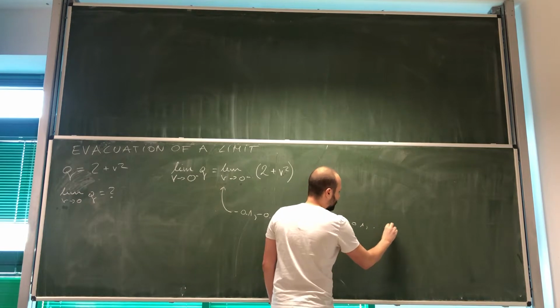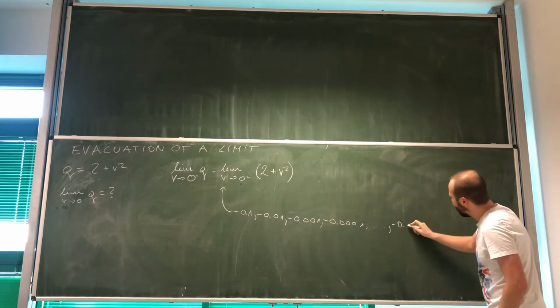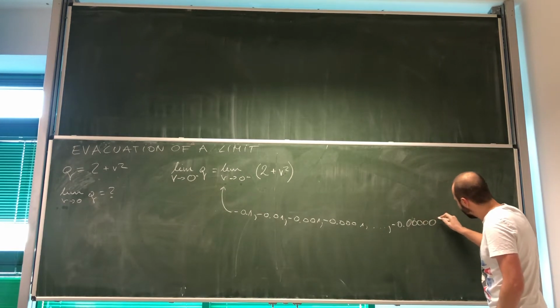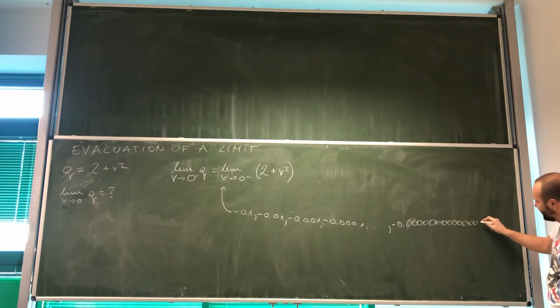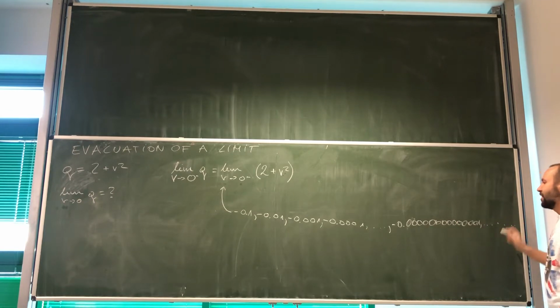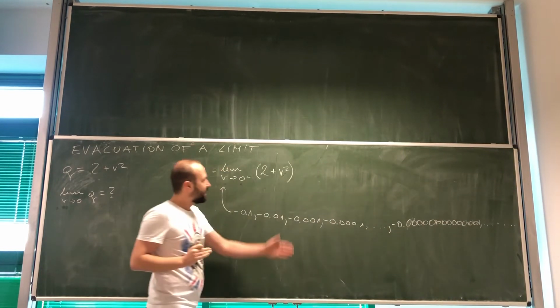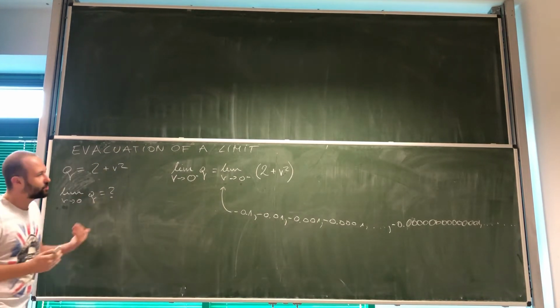Actually, we can go on like this until we imagine that we are putting here an extremely tiny number. But of course, there's always a smaller number that we can put instead of v. But this creates a pattern that we can actually predict.